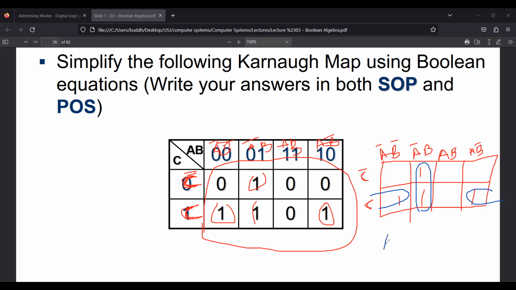But this is changing here, and in here the C is not going to change, and that is the answer by using the sum of products.